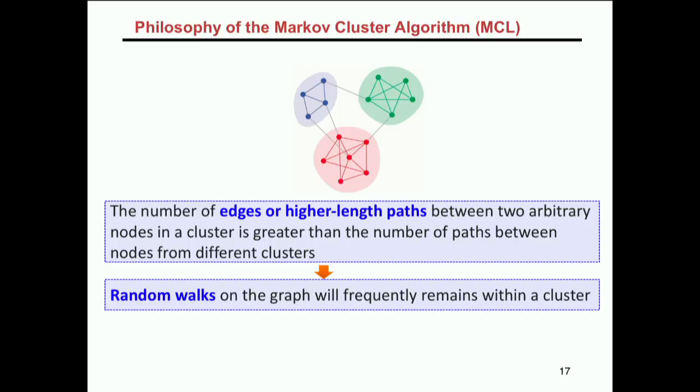But MCL's main idea is if I start doing random walks on this graph, they will get trapped within the clusters more often than not. That's also another way. Some algorithms that are based on local clustering that are currently popular are different because, for example, in that case, what they're trying to do is, I only want to find out the cluster around this particular blue vertex, and I don't want to spend time iterating on the red part. So they do the random walk starting here.